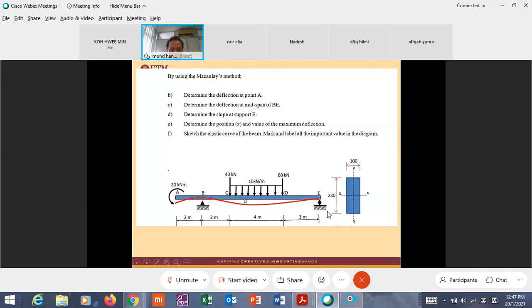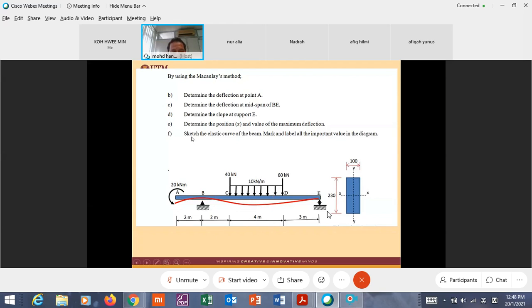Then sketch the elastic curve of the beam. But remember, when you sketch, we must also have some idea, sensible enough to represent the sketch. It's common sense.